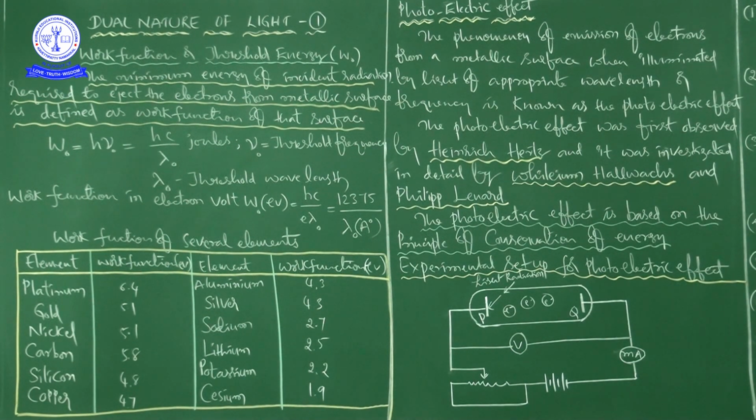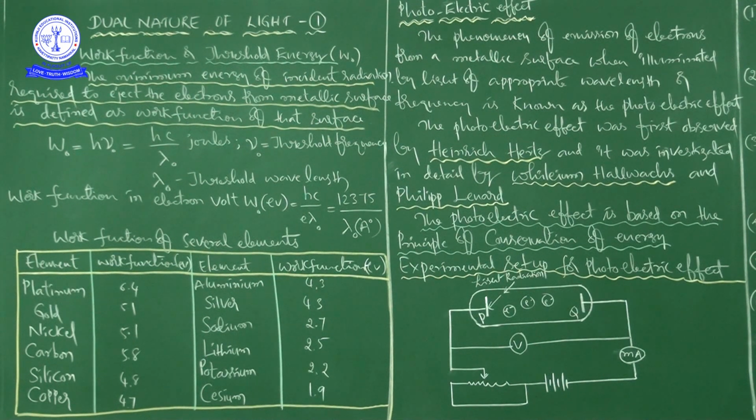So when a metallic surface is exposed to light or electromagnetic radiation, the emission of electrons will take place. This is the natural phenomenon.